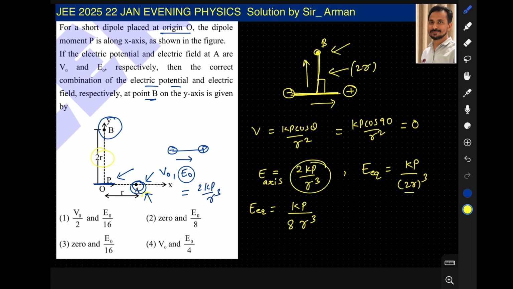So to make it easier, I multiply this by 2 and divide by 2. The part 2Kp by r cube is nothing but E0, and this is 8 into 2, which is 16. So the electric field is E0 by 16 and the electric potential is 0.